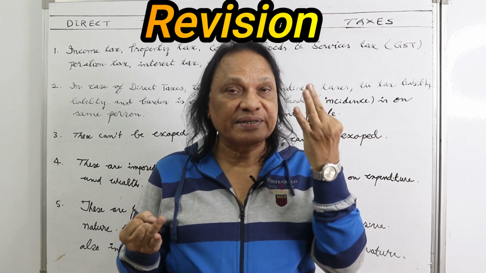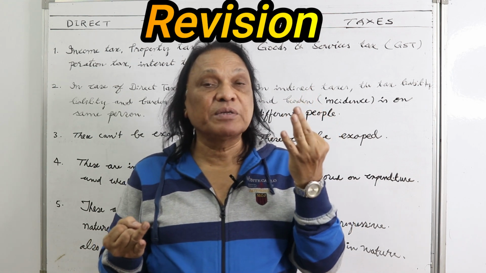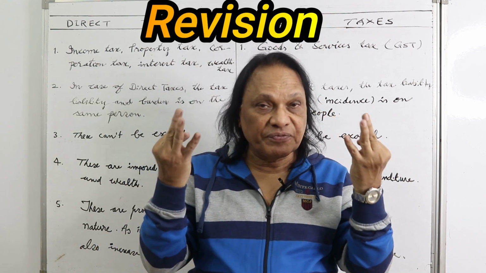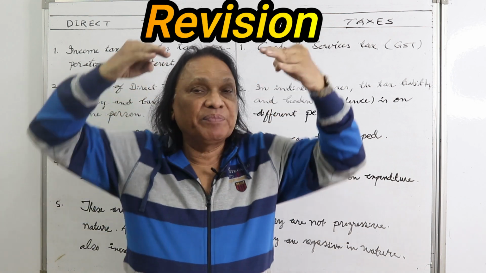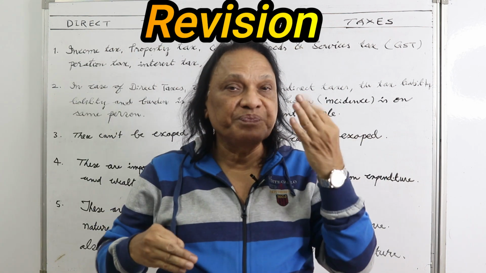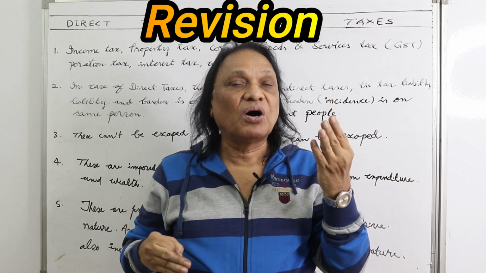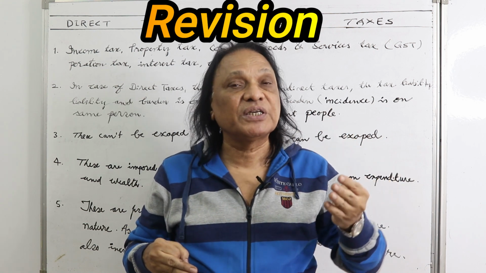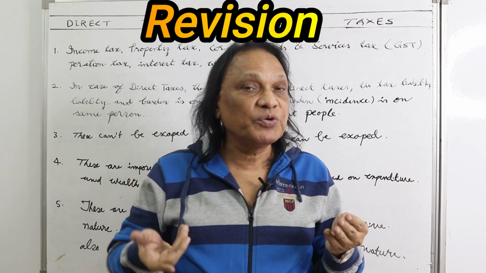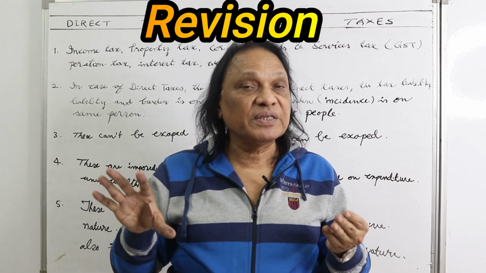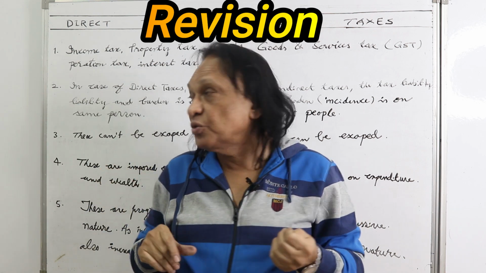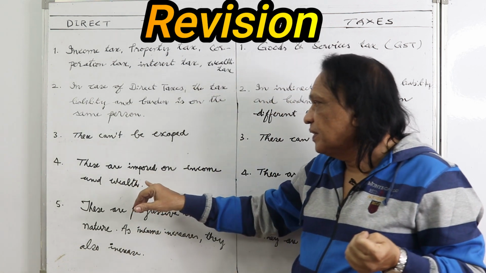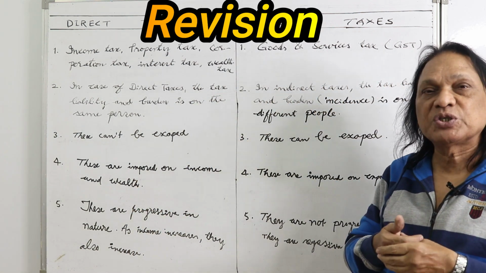In case of direct taxes, the tax liability and the burden is on the same person. In case of indirect taxes, the tax liability and burden is on different people. And the next point, direct taxes are progressive in nature. As income increases, the tax rate increases. Indirect taxes are regressive in nature. Everyone has to pay the same tax. They are not progressive. These are the 5 points you have.